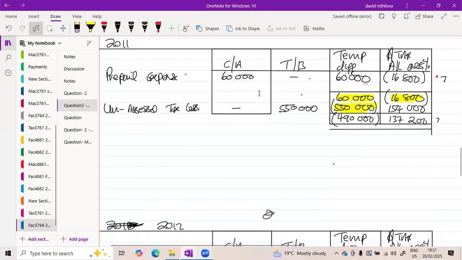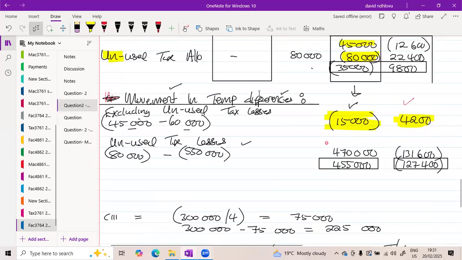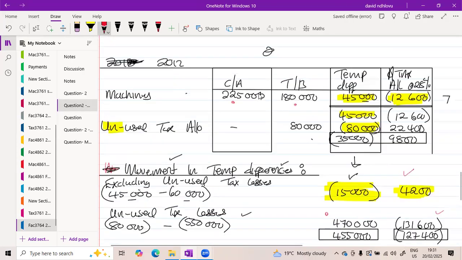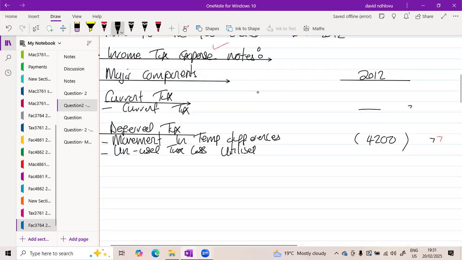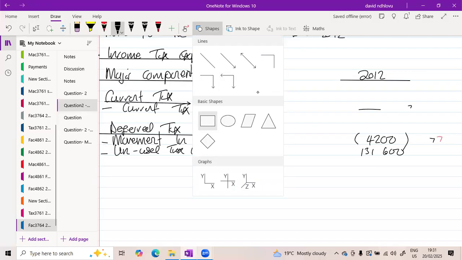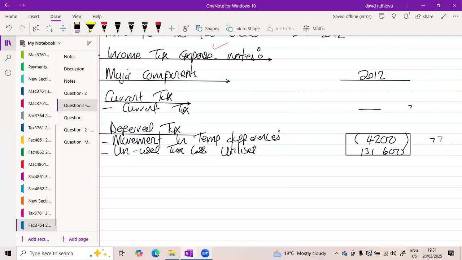Right, then we just get that figure there. We now want the portion that affects deferred tax, which is 131,600. You can see it's a negative there. It becomes a positive. Right, then you'll be done with your movement in deferred tax.